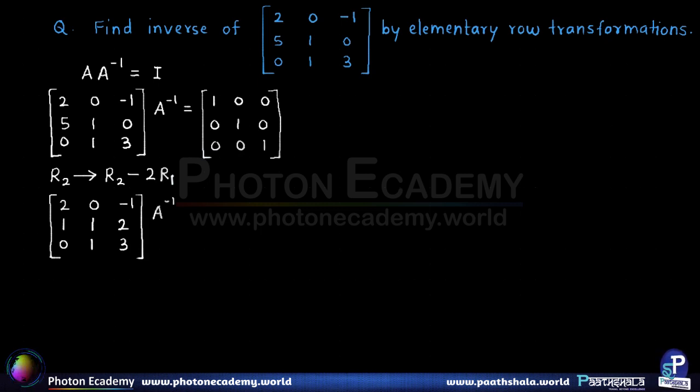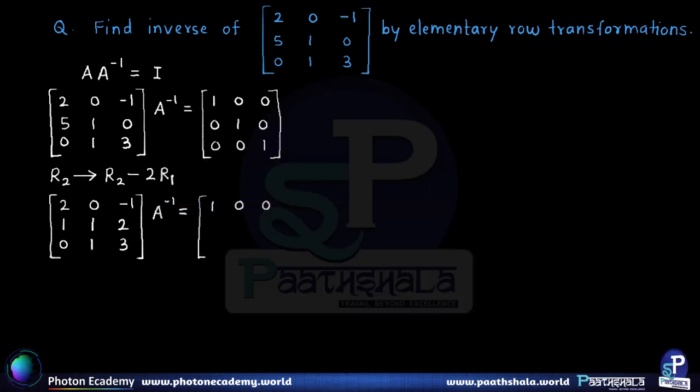A inverse is equal to, now on the right hand side the first row will not change and the second row will undergo exactly the same transformation that we did on the left hand side. So 0 minus twice of 1, that is 0 minus 2, gives us minus 2.